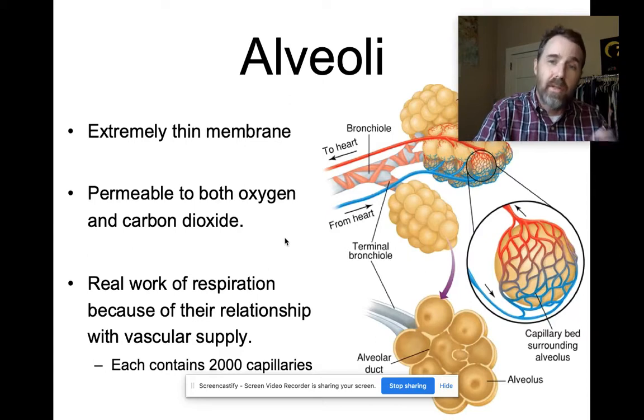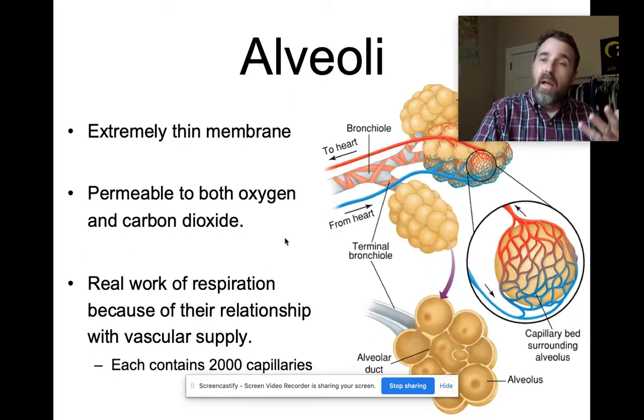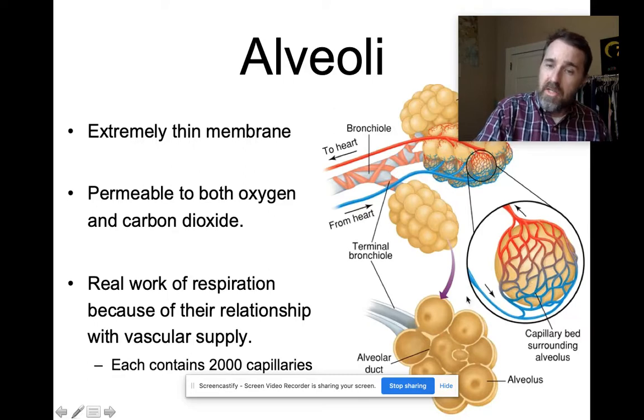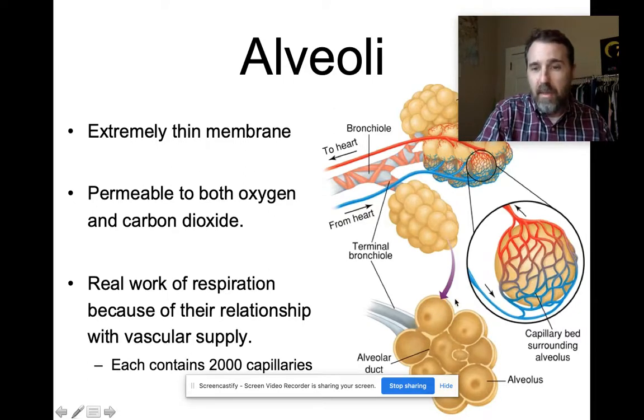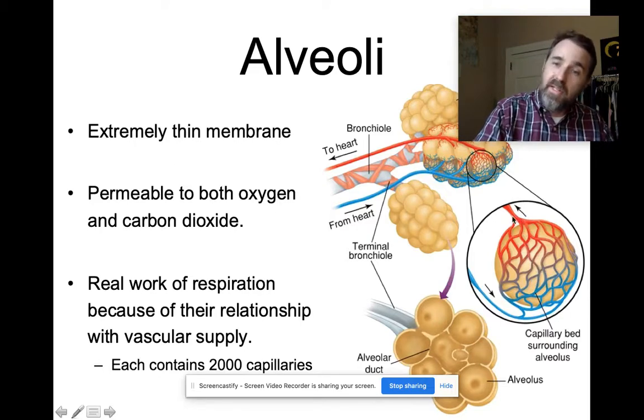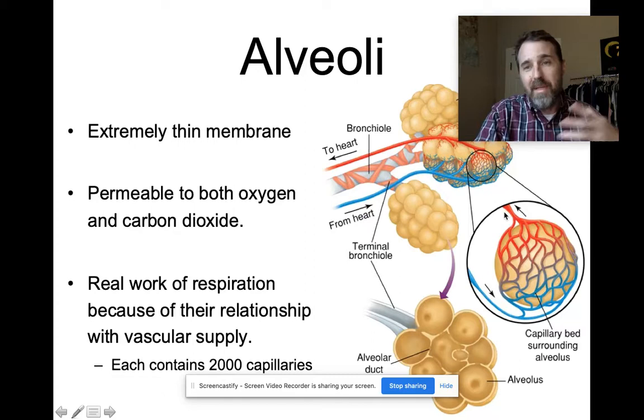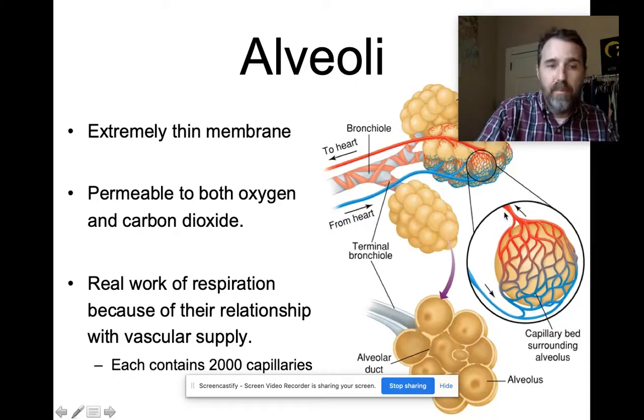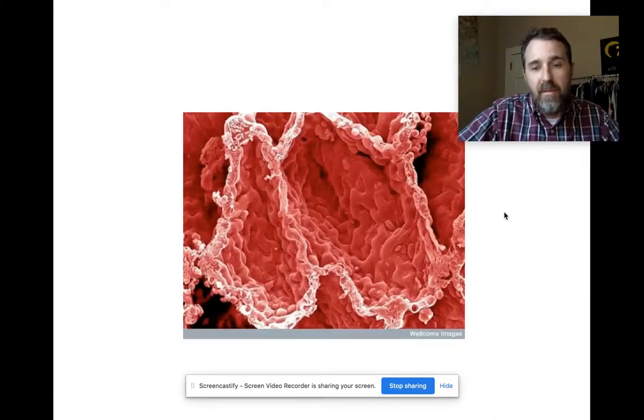That's you expiring. That is you pushing air out. And then when you inspire, you bring in oxygenated air. You bring in air with oxygen. Oxygen is going to move from the alveolar air across the thin membrane into the capillaries to be sent up to the heart, to be pumped out to your body to keep yourself alive.